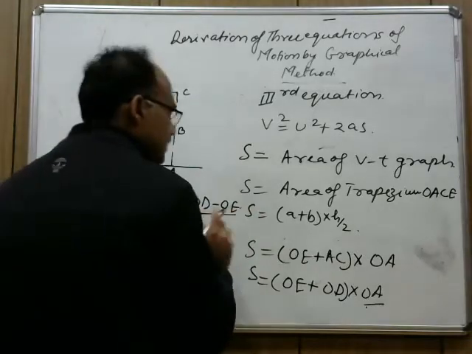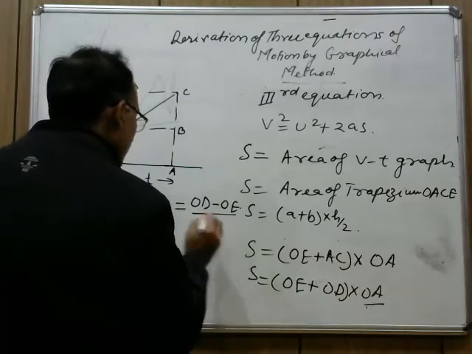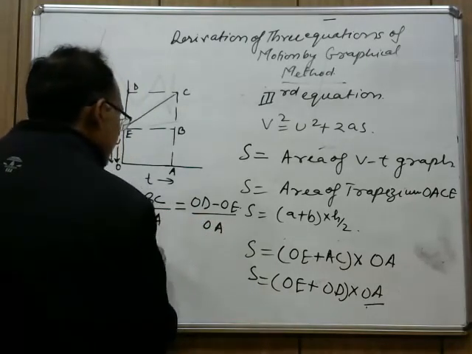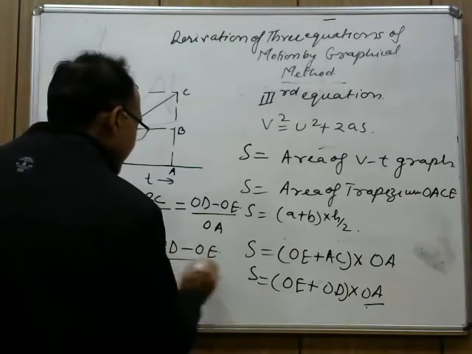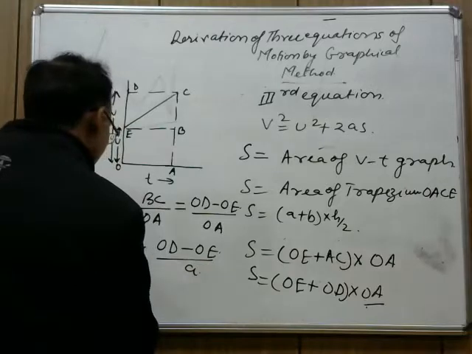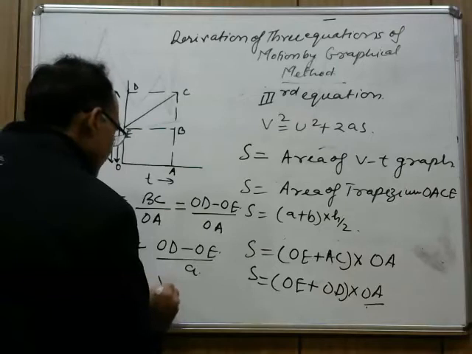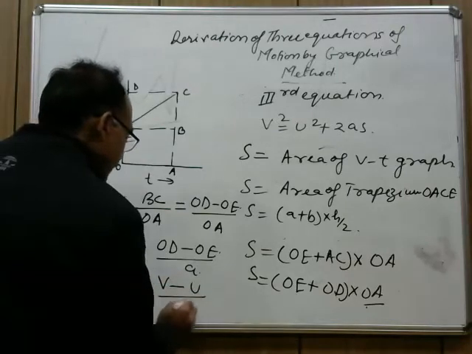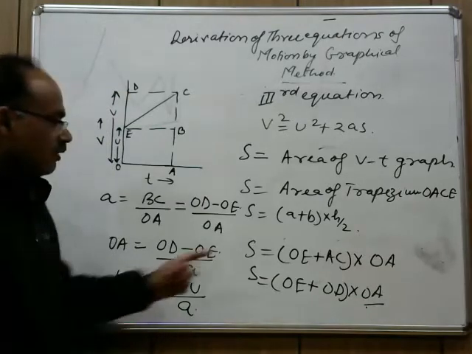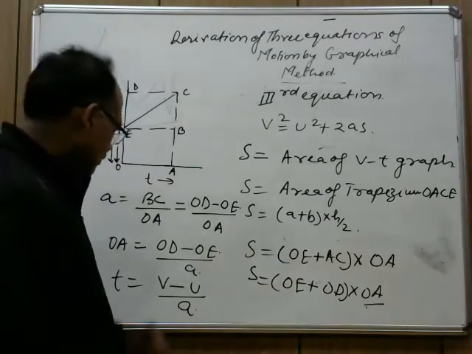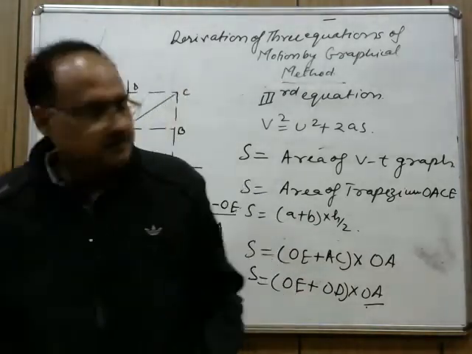This we have done in the first equation of motion, so kindly refer to that. So OA is equal to (OD minus OE) upon A, and OA is equal to time t, so we can say t is equal to (V minus U) upon A. So we will put this value of OA here, and then we can solve it.